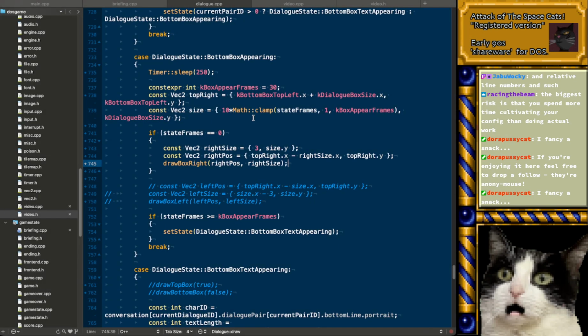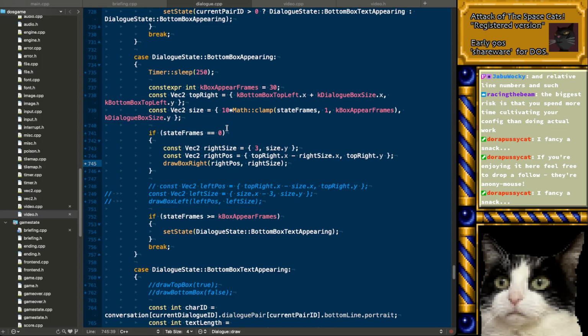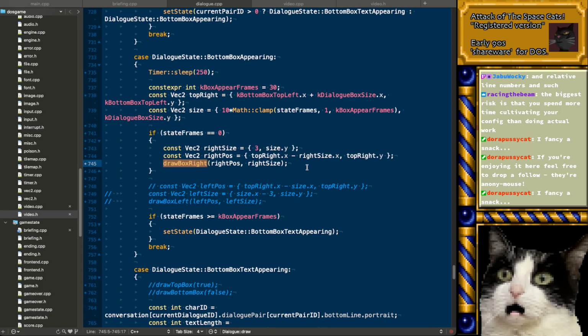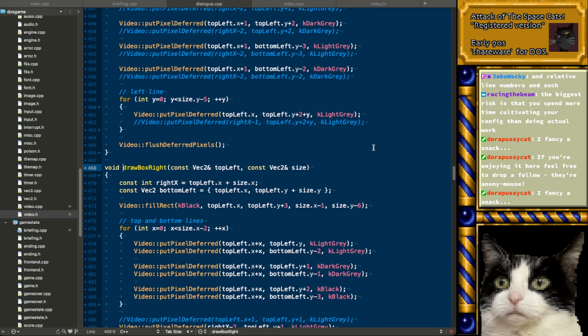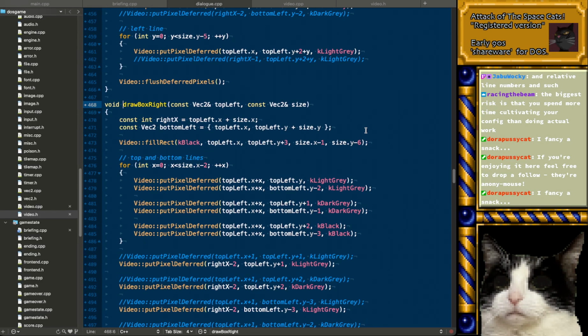Back to the code. Right. So... yeah, it's not going to be that. Draw box right of that position and 3 pixels wide isn't getting us anything. That is presumably an issue here. Again, no, that looks fine to me.